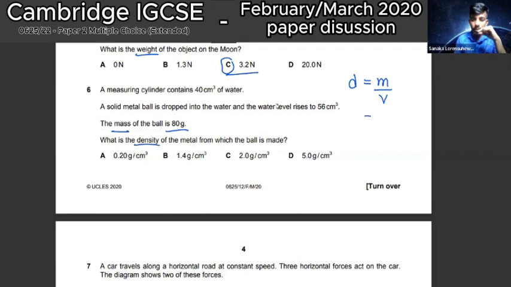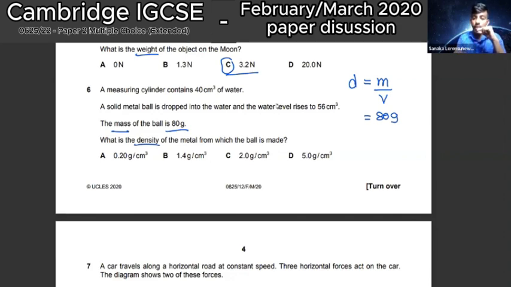Mass is 80 grams. Then the volume is not 56, because 56 is the final volume. It is not 40, because 40 is the initial volume. We only want the metal ball volume, not the water volume. How do we get that?